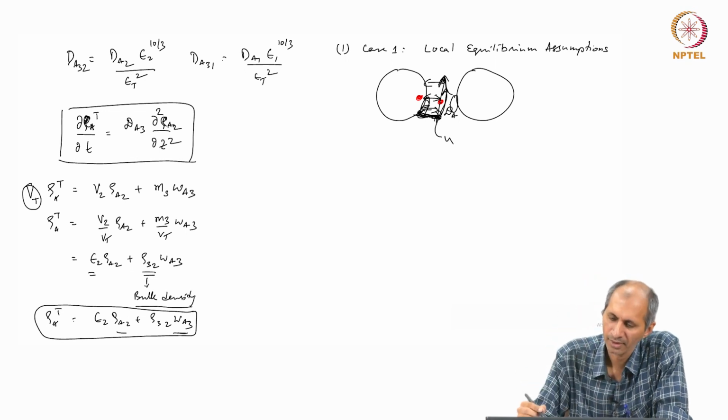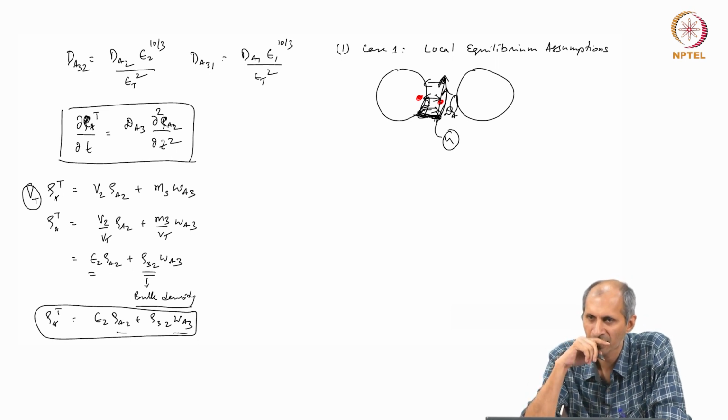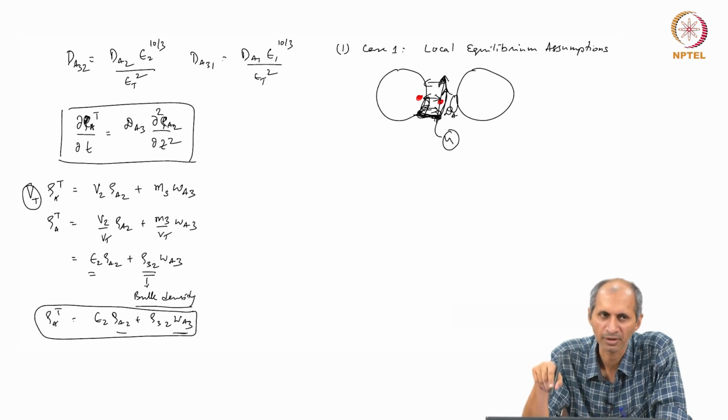then we can't have the local equilibrium assumption, and we would definitely need some other equation to describe the concentration on the solid surface with reference to the concentration in the pore water.